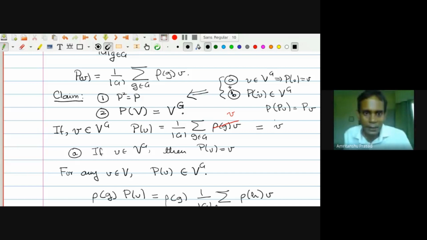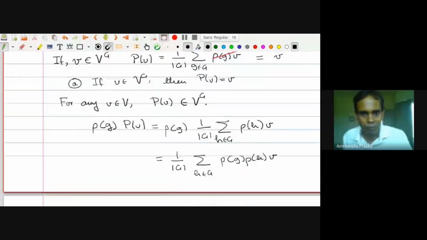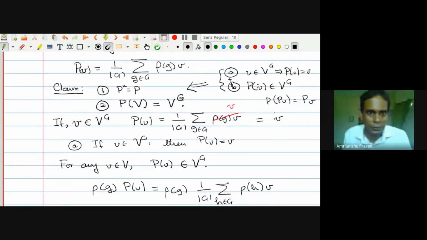Okay, so we have that P squared is P. This is called an idempotent linear transformation, and the image of P is VG. Okay, so let's just remember these two things.